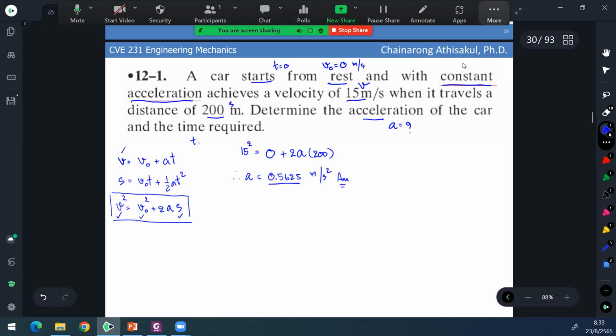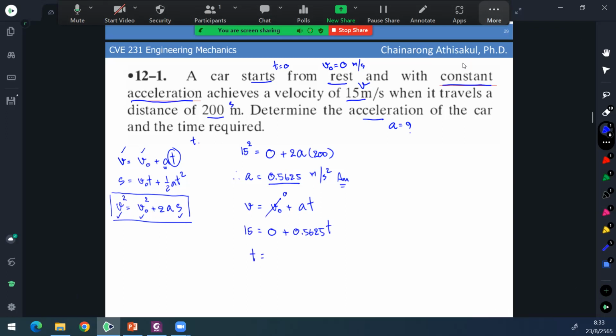We know v0, and now we know the acceleration already, so we can determine the time. We use v equals v0 plus at. It starts from rest, so v0 equals 0, and v is 15. So 15 equals 0 plus 0.5625 t. According to this equation, we can solve for t.